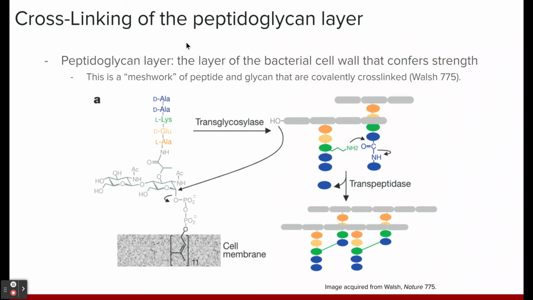So, cross linking of this peptidoglycan layer is what gives the bacterial cell wall strength. And if that strength of the cell wall is interrupted, it makes the bacteria susceptible to lysing. So this peptidoglycan layer needs to be cross linked.